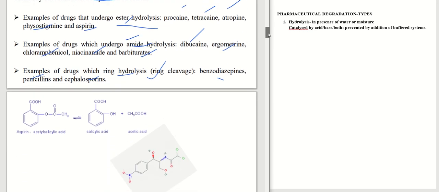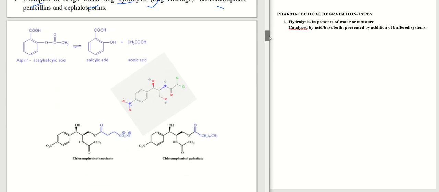Now, let me explain with its chemical structure. So, this is aspirin. It undergoes a chemical reaction and forms salicylic acid and acetic acid. So, here the bond gets broken down.